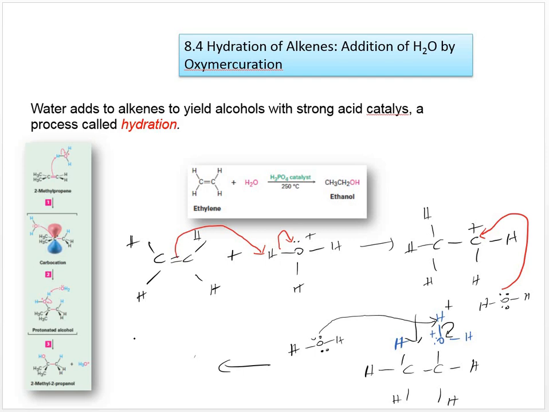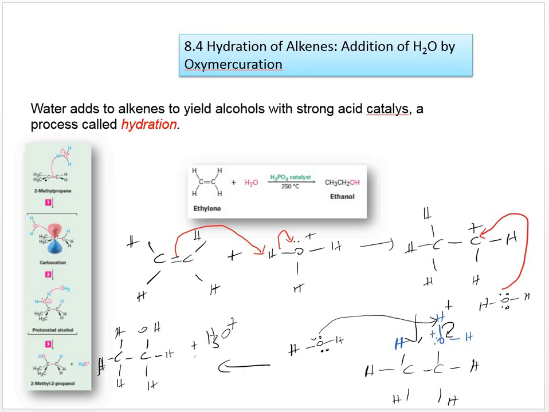Here, let's draw the alcohol, OH. I'm not going to draw it in detail now. Plus H3O. So this is the catalyst. As you see, we regenerated the catalyst and we formed our addition product, which is an alcohol.